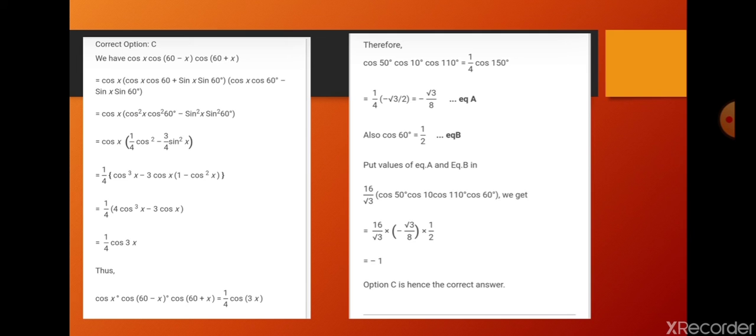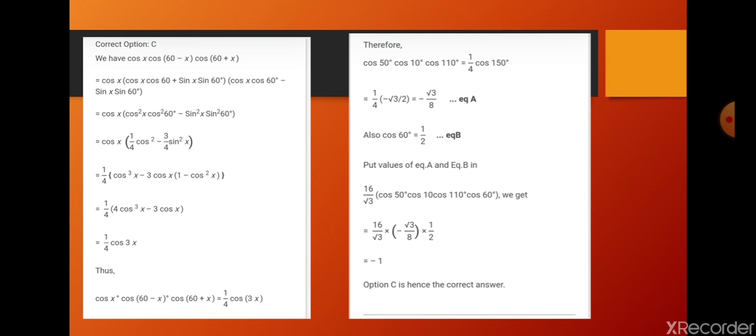Hence cos 50 into cos 10 into cos 110 will become 1 by 4 times cos 150 degree, which equals 1 by 4 into minus root 3 by 2 equals minus root 3 by 8. So cos 60 degree equals 1 by 2.